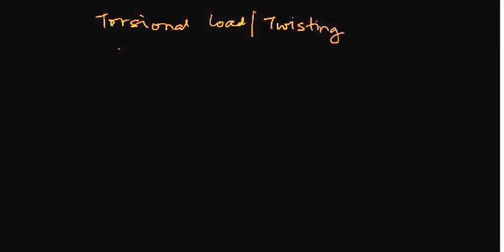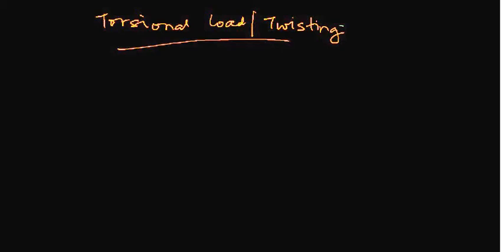Let's come on to the last kind of load that we talked about in the first slide. It was torsional load. Torsional load, or more commonly known as twisting. Now what is this?